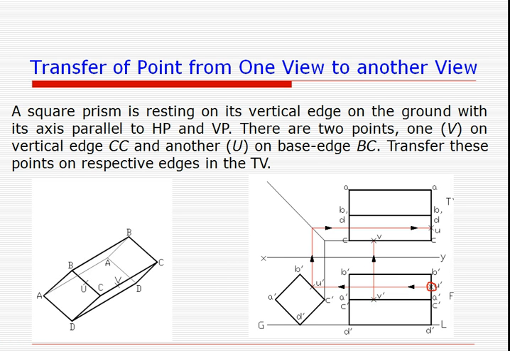It is visible in the side view, it is equally inclined to the ground, and it will give this kind of a front view and side view, and we have the top view also. To obtain the point U, now U dash is available in the front view, it has to be transferred to the top view.